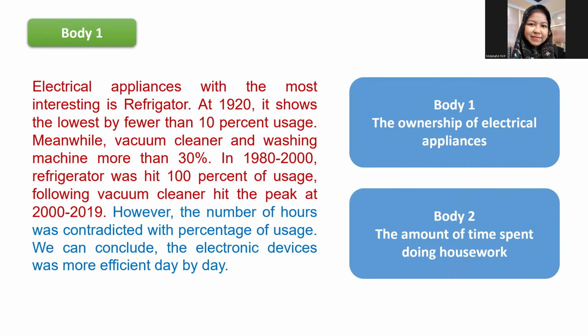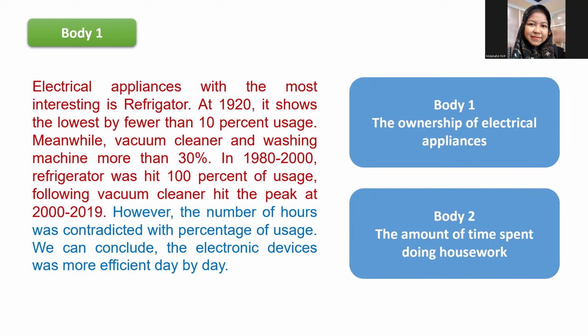Well, actually, you can arrange your body one and body two like this. In body one, you focus on talking about the ownership of electrical appliances, so washing machine, refrigerators, and so on and so forth. You focus on the ownership.